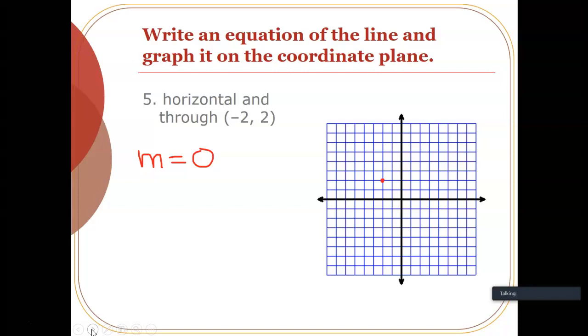Think of the horizon with the sunrise. It's straight across your horizon or your view. So it's the straight across line at y equals 2.